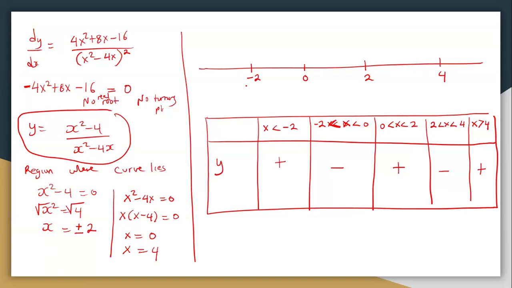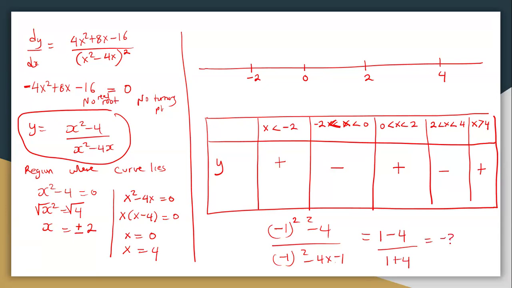When I inserted -1 in the y equation, I got a positive. Let's insert -1: -1 squared minus 4 over -1 squared minus 4 times -1. -1 squared is 1, minus 4 over 1. -4 times -1 is plus 4.